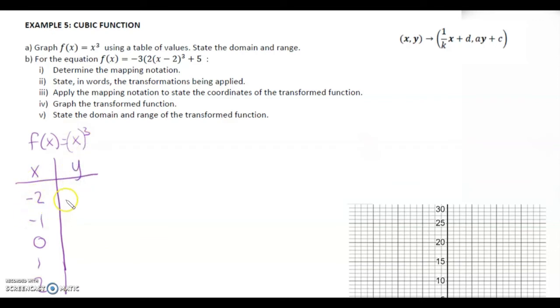So -2 cubed is -8, -1 cubed is -1, 0 cubed is 0, 1 cubed is 1, and 2 cubed is 8. So that's our table of values for the parent function, f(x) = x cubed.